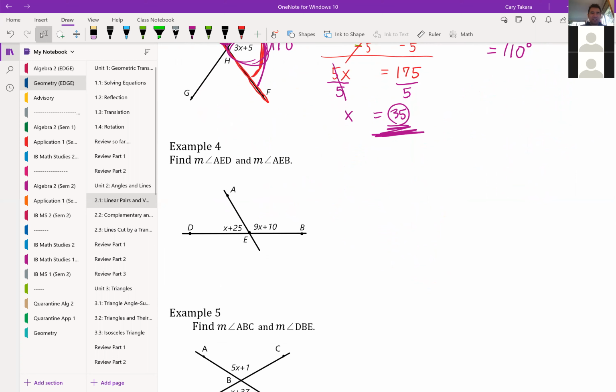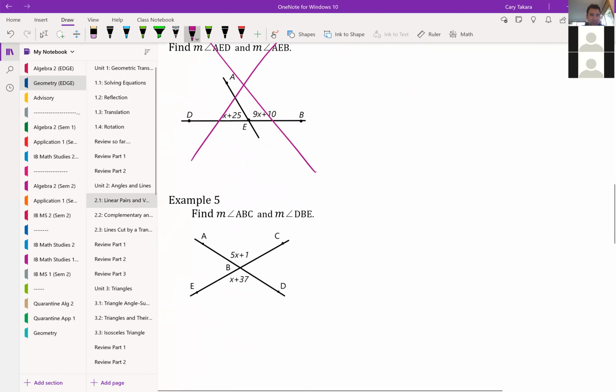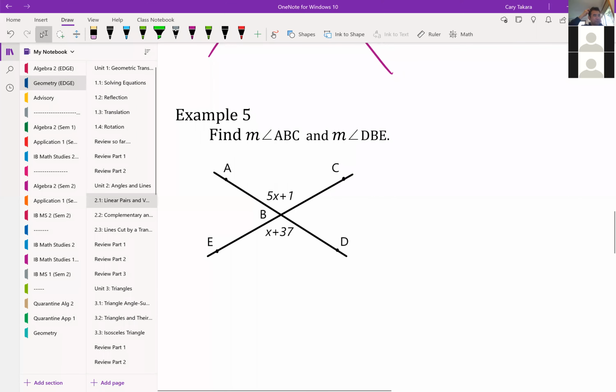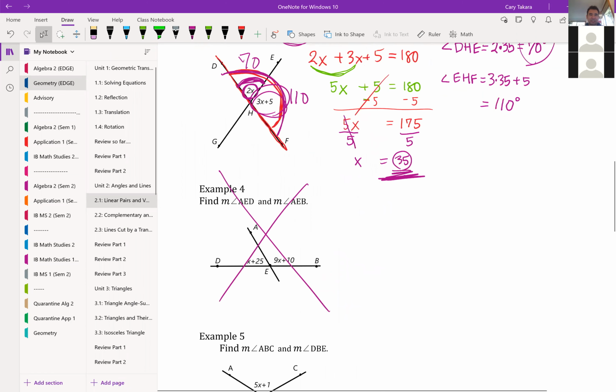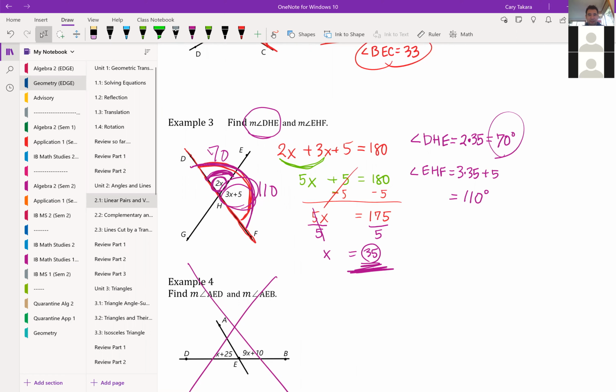Let's see, you know what, let's skip number 4 because I want to have time to work on the assignment too. Last question, example number 5. Okay, you need to write it down.